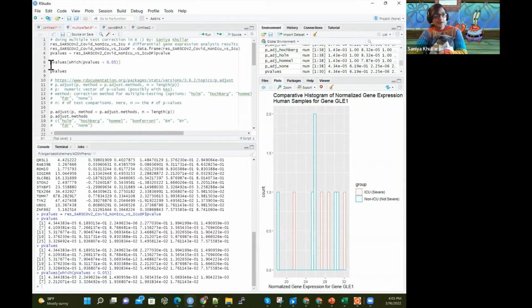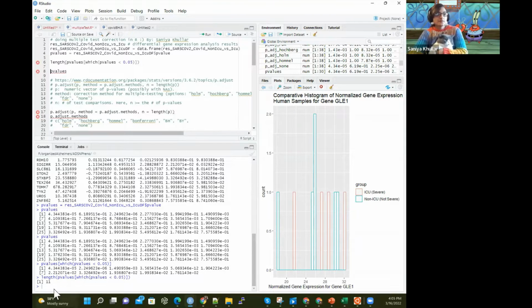How many do I have? I can take the length. And this will tell me that I have 11 p-values that are less than 0.05. So those are significant genes according to my criteria here. I have 11 that are statistically significant based on this 0.05 threshold.